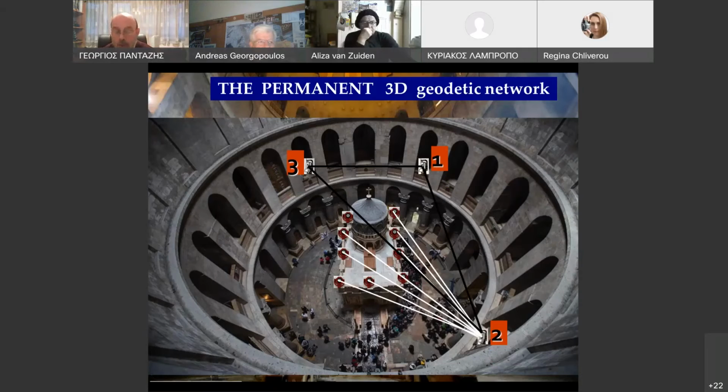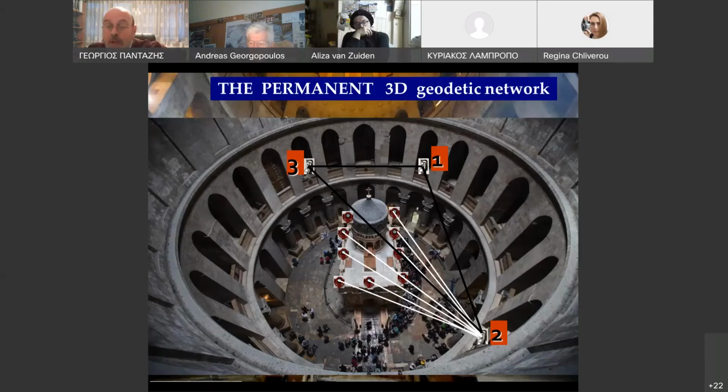This network was measured by measuring horizontal angles, vertical angles, and distances in different time periods, phases as known, by using a high precision total station.